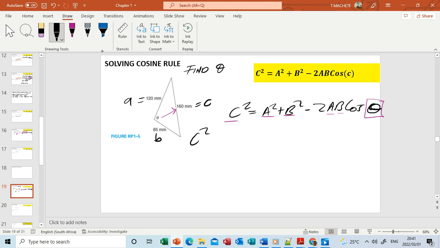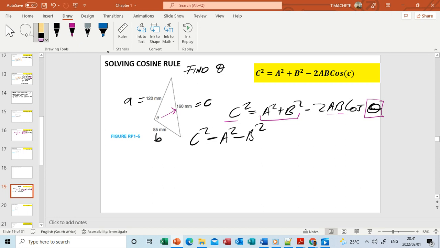You're going to say C squared minus A squared minus B squared. You only take the terms that have a positive or a negative sign. You cannot take the one that is multiplied, because it's going to be a problem.